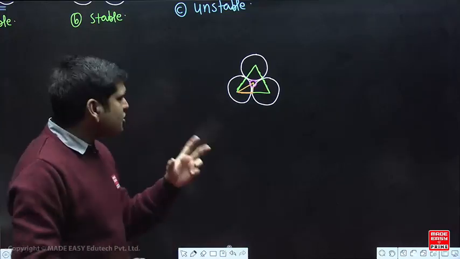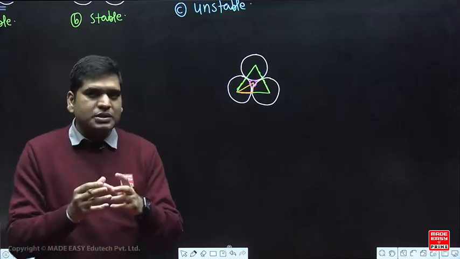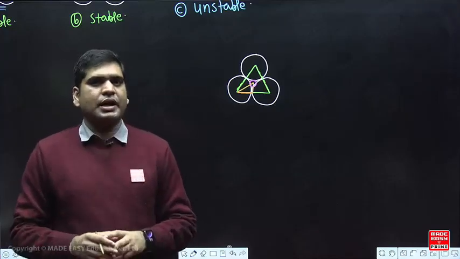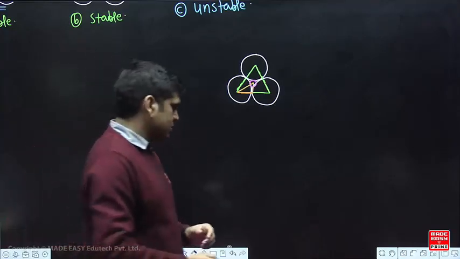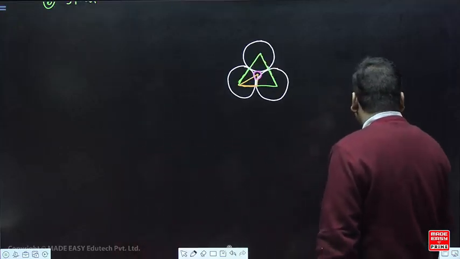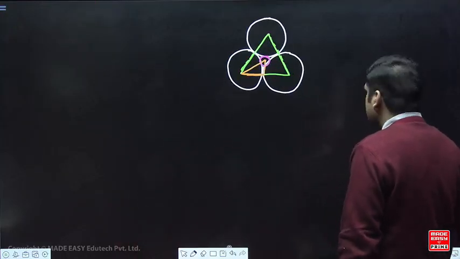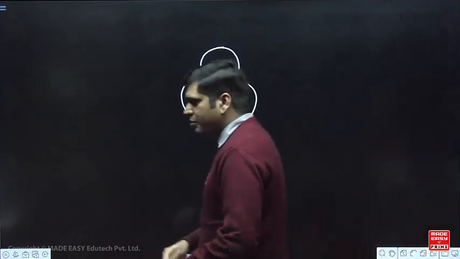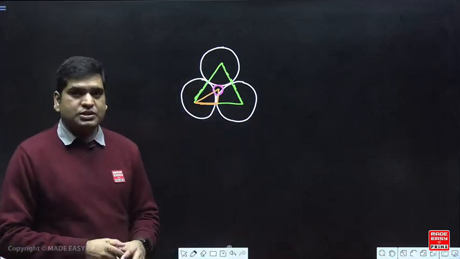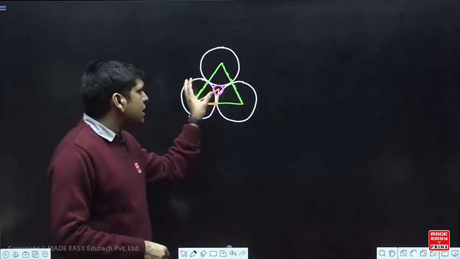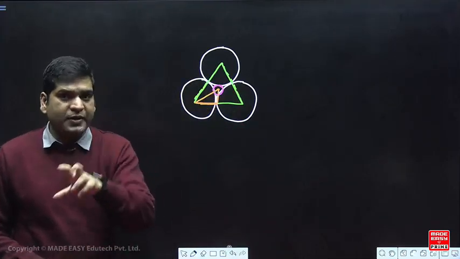So coordination number is 3. Now let us try to calculate the relationship between the radius of cation and anion for this coordination number. That can be determined purely from geometrical consideration. We are assuming these ions as hard and spherical bodies.